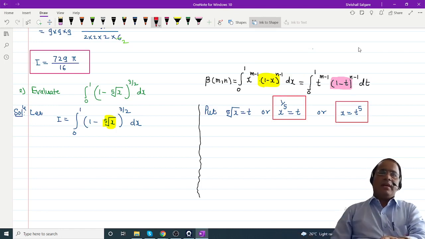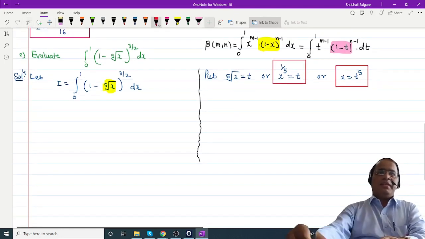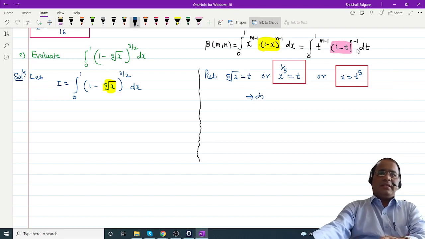Now differentiate both sides. Therefore dx is equal to, by using the x raised to n formula, 5 into t raised to 4 dt. Now what about the limits? Given limits for x are from 0 to 1. What about t?